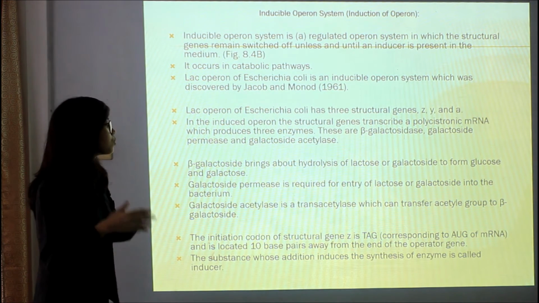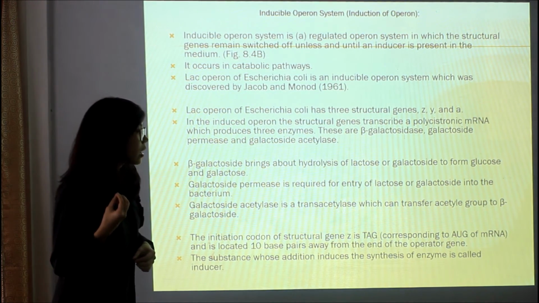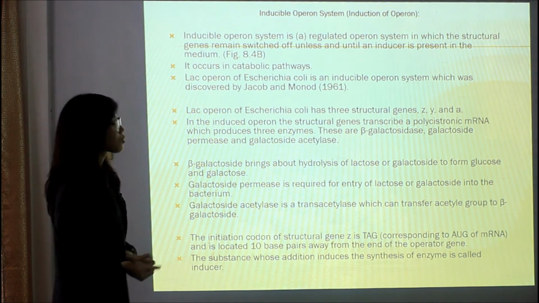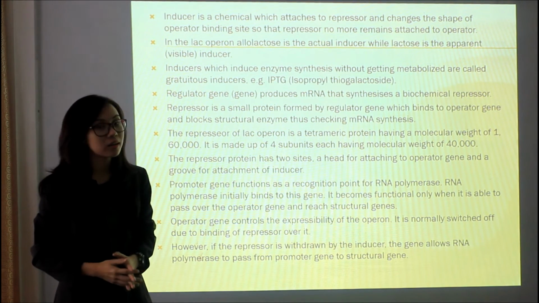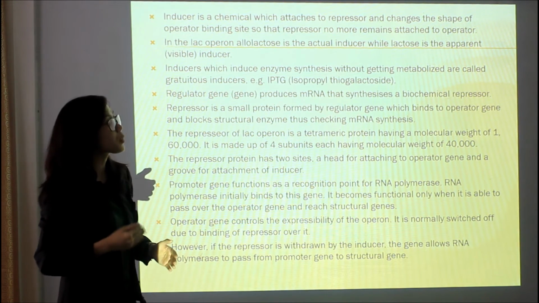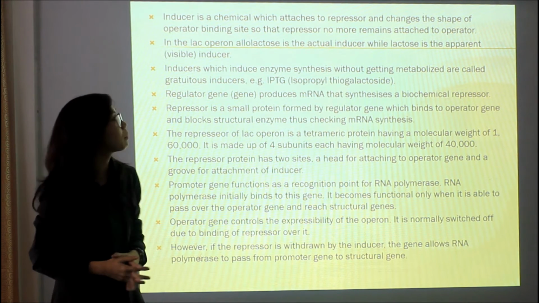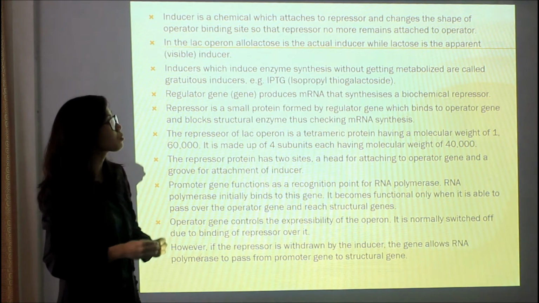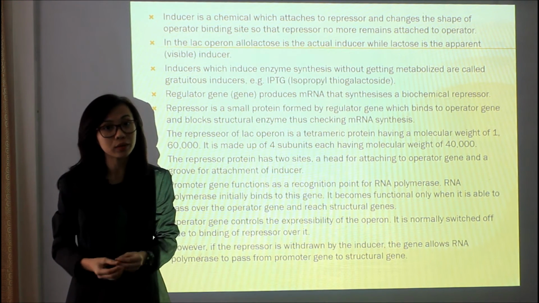The substance whose addition induces the synthesis of enzyme is called an inducer. An inducer is a chemical which attaches to the repressor and changes the shape of the operator binding site so that the repressor no more remains attached to the operator.